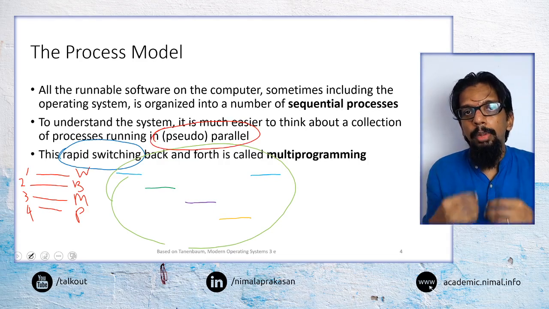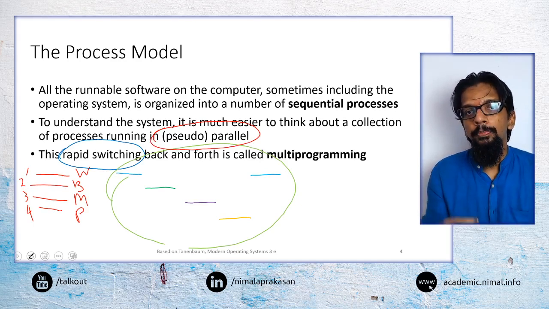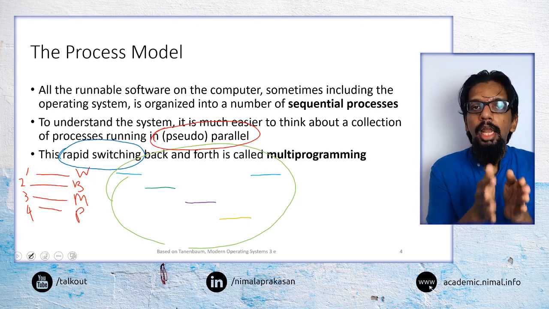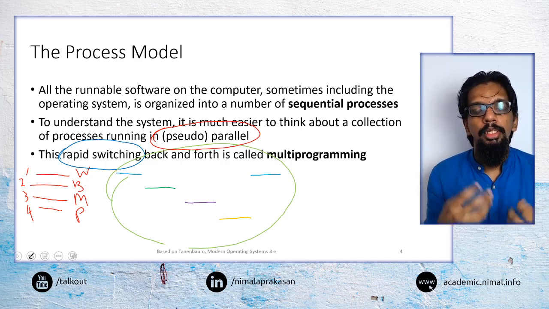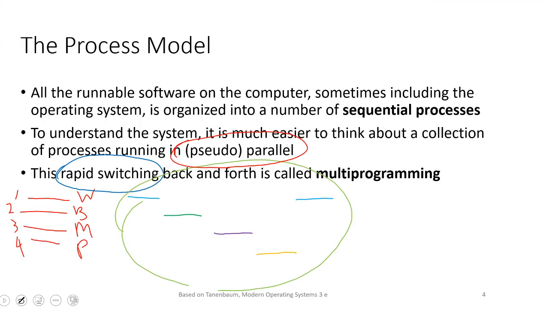So they are parallel but they are not really parallel. They will seem like parallel to the user. The user will see that they are parallel, but in reality they are running one after the other. So we will call that a system that is running in pseudo parallel mode. That is the basic process model that we would use in multiprogramming computers.